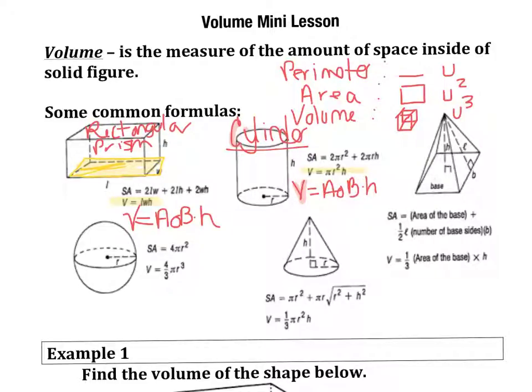If you recall, we find the area of a circle by doing pi r squared. So my base is just going to be this bottom circle, and my height is the distance from the bottom base to the top base. So I would find pi r squared, the area of my base, and then multiply it by the height. So rectangular prisms, triangular prisms, cylinders will all use that same formula, area of the base times the height.